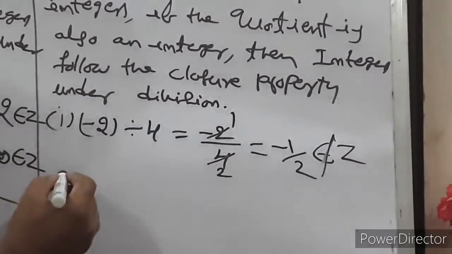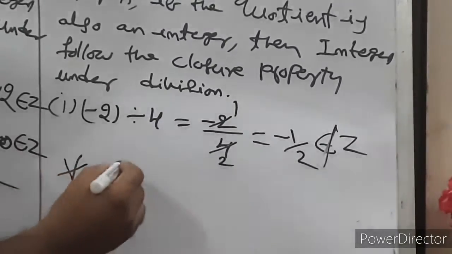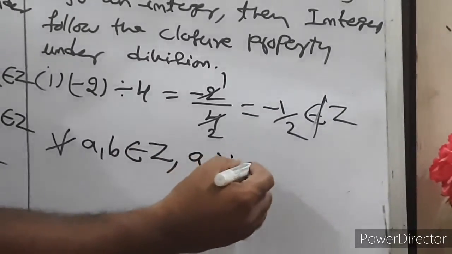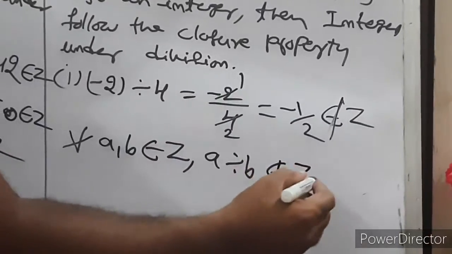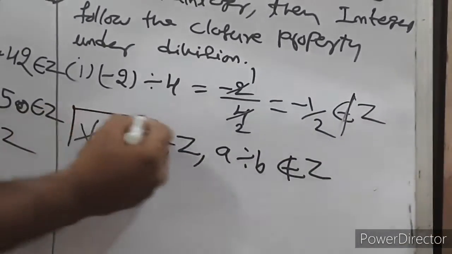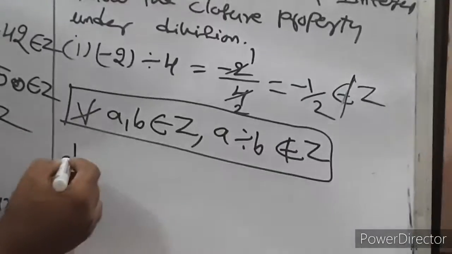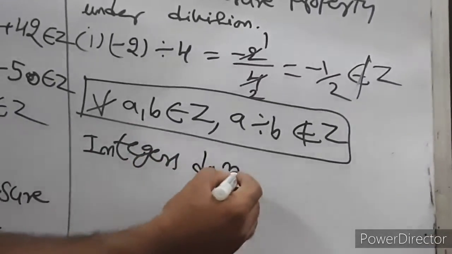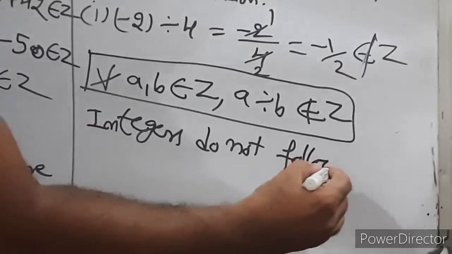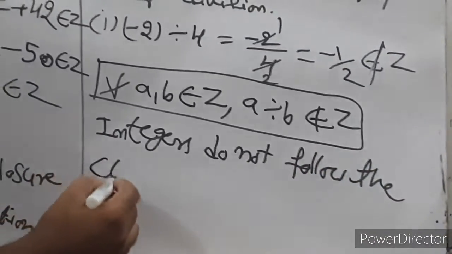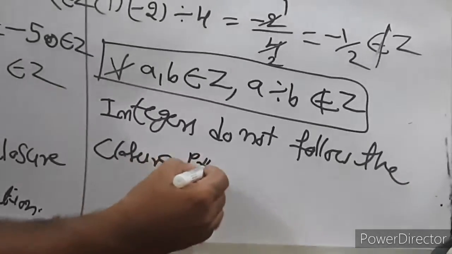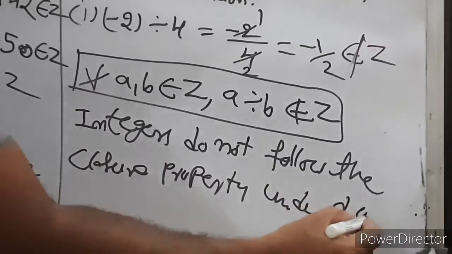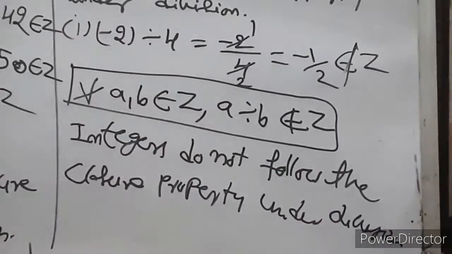That means for all a, b belonging to Z, a divided by b does not belong to Z. So integers do not follow the closure property under division.